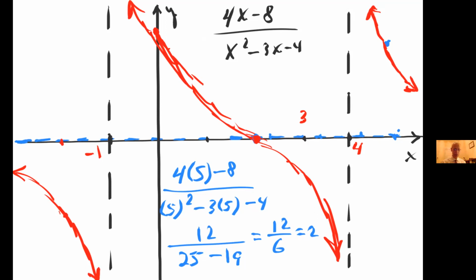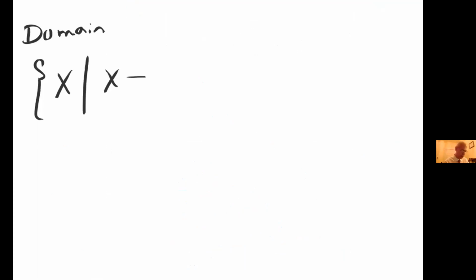So the last thing for this problem, we wanted to identify the domain and the range. Let me go to the next page. So for the domain, I had all real numbers except -1 and +4. So I'm going to say x such that x cannot equal -1 and 4. This is one way of identifying the domain.